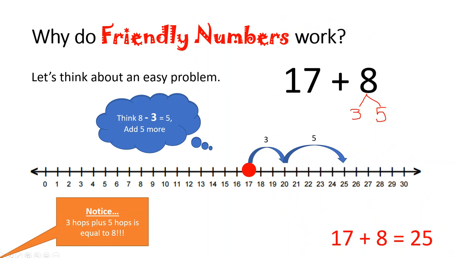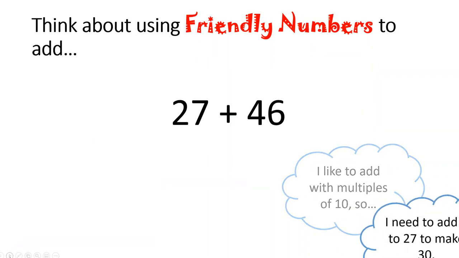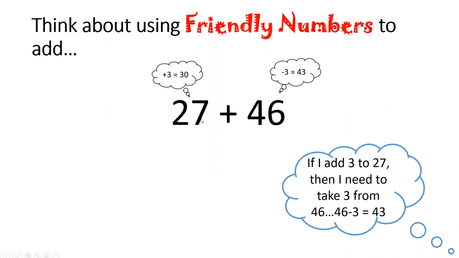We got it from the other adding. So we're going to take the 3 away from the 46. And you might see it written like this, 3 plus 43. Because 46 equals 3 plus 43. So now we have our 30 plus 43. Can you do that in your head really fast?